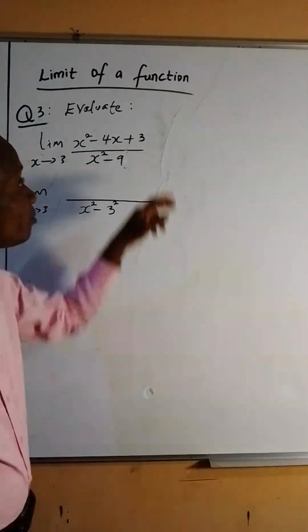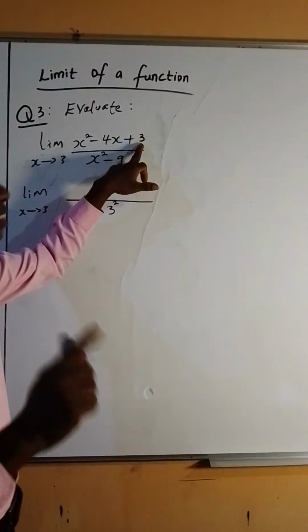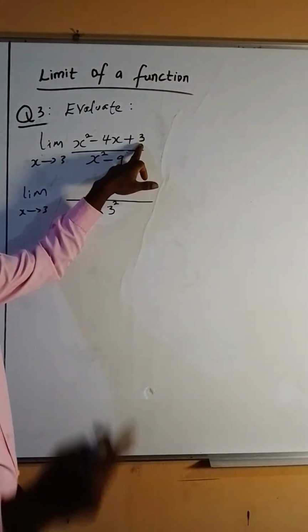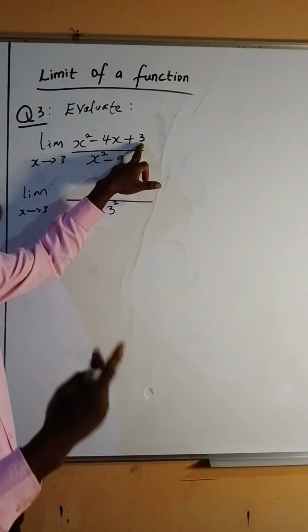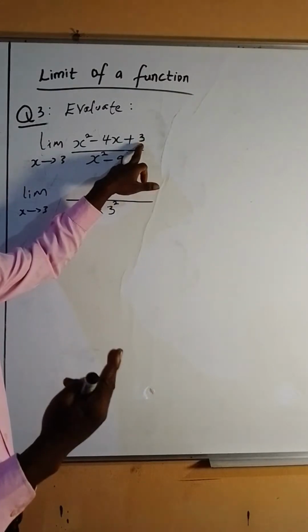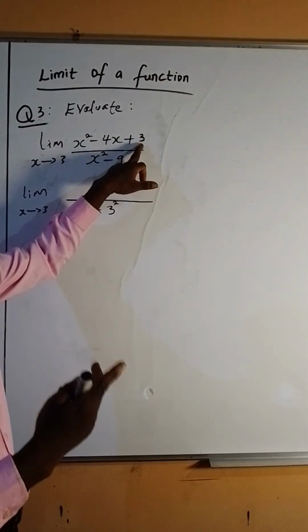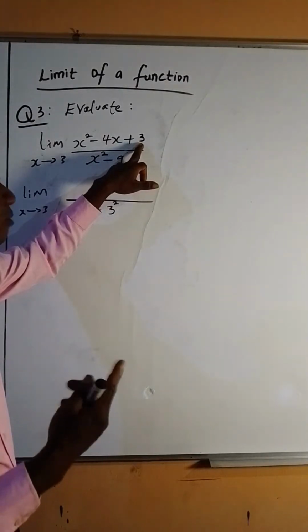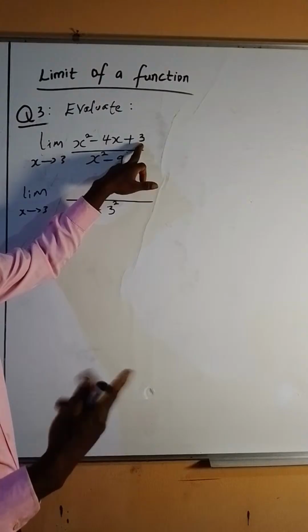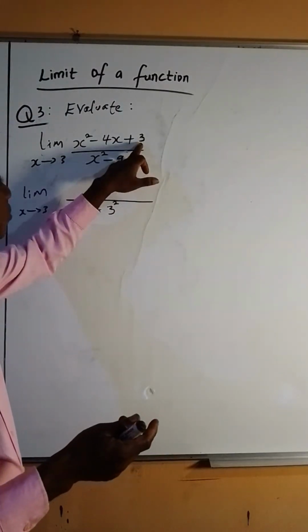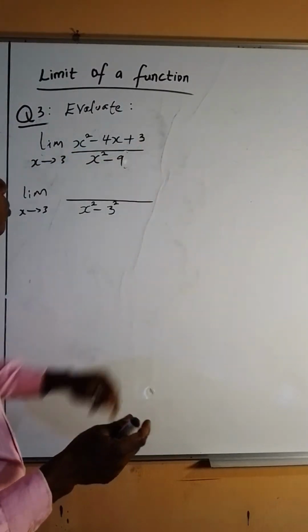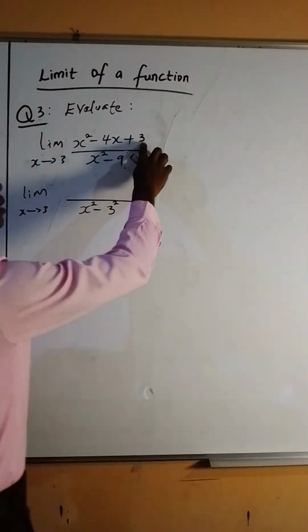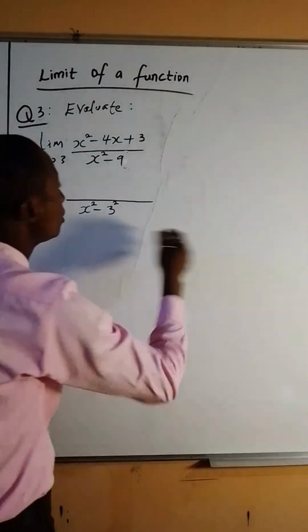One very beautiful thing about this is that the 3 here is a prime number. So only two whole numbers can be multiplied to give 3, and those are 3 and 1. No other number can be multiplied to give 3, except fractions, but we don't deal with fractions here. What we deal with is whole numbers. So 3 and 1 is what we are going to get here.